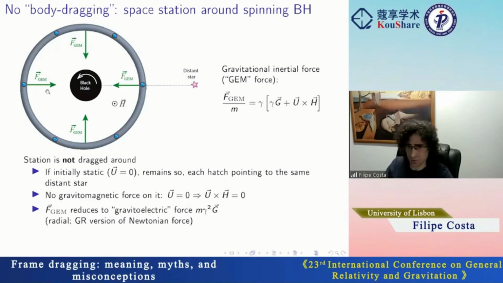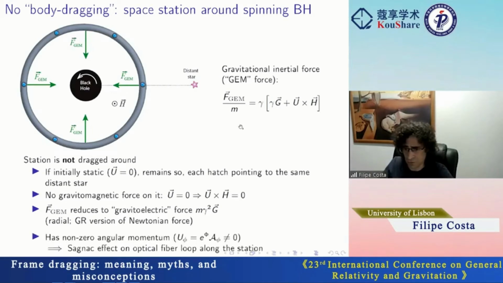The only gravitational force involved here is the attractive gravitoelectric force, that is the relativistic version of the Newtonian force. The only difference to the situation where the black hole is not spinning is that the station has non-zero angular momentum. And this will manifest if there is, for instance, some optical fiber along the station, then a Sagnac effect will be detected on it.